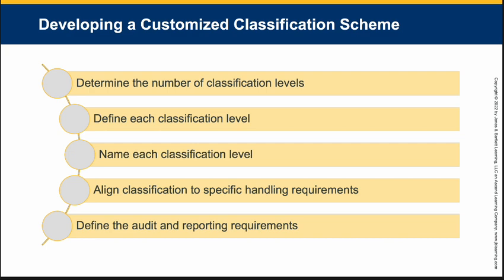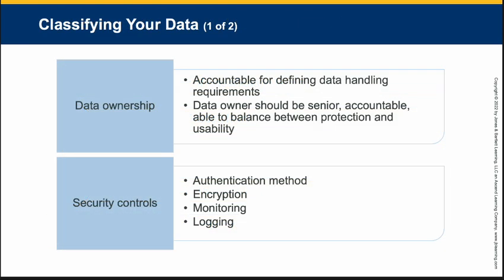Classifying your data has two parts. In this case, data ownership and security control. One, accountability for data handling. Owners should usually be senior members, senior management, for accountability. Authentication method, encryption, monitoring and logging.